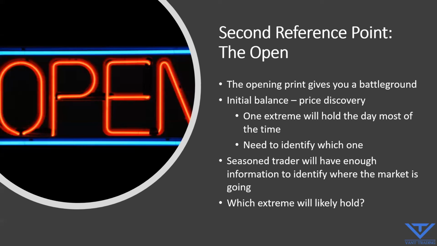A lot of people don't know that. So the quicker you can identify which one it is, the quicker and more profitable you're going to be as a trader. A seasoned trader will have enough information to identify where the market's going and which extreme will likely hold.